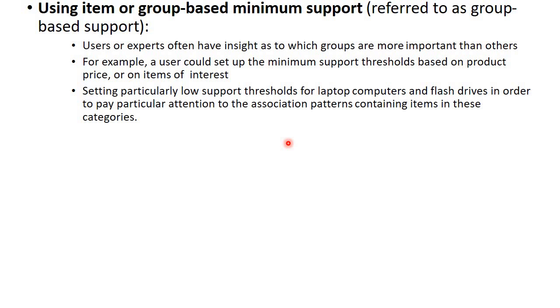If a business knows that customers go in for Dell laptops more frequently, then you make the minimum support for it much higher than for the laptops for which there is lesser demand. So you basically set the minimum threshold based on how the items are sold, or based on the items of interest. So you group such items and then you set minimum support based on how frequently they are sold.